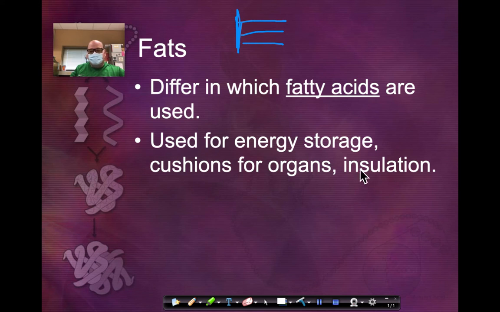Insulation. In humans, usually people that have a little bit more fat on their body stay warmer longer. But you can also think of this as like aquatic polar whales and seals and things like that. They have this big layer of insulation to keep them warm in the water, because water is so conductive.